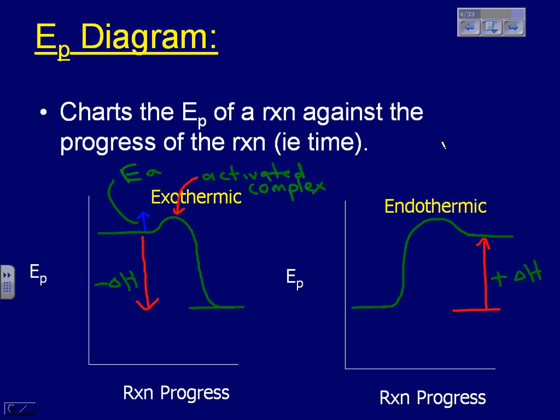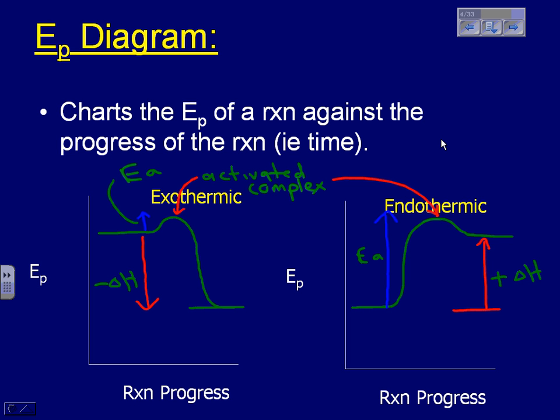But this time, take a look. My activation energy is much greater because I need my reactant particles to have a lot more energy in order to get over the bump of the activated complex. All right? But I'm hoping you can see the symmetry in these two diagrams.